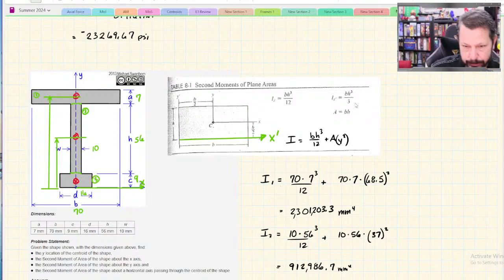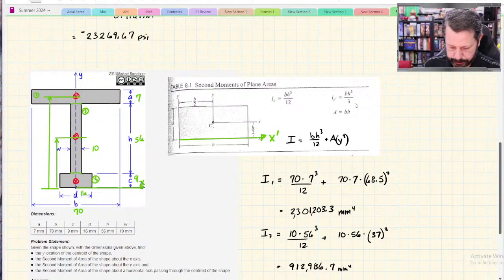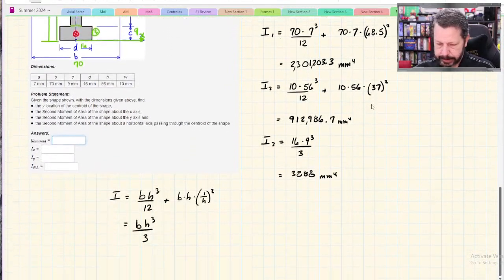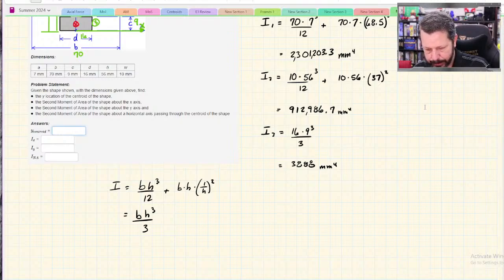Let's see if we actually got the right number. 2301203.3 plus 912,986.7 plus 3888.